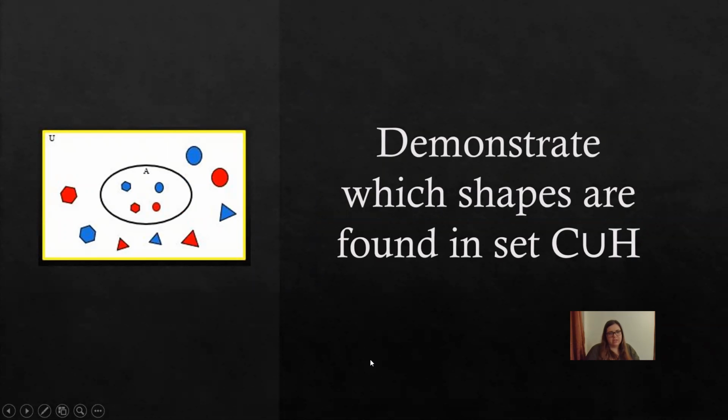Demonstrate which shapes are found in set C or H. It will be any circles or any hexagons. Which shapes are found in set T and R? T is triangles and R is for red. So it's going to be your red triangles right here, these two.